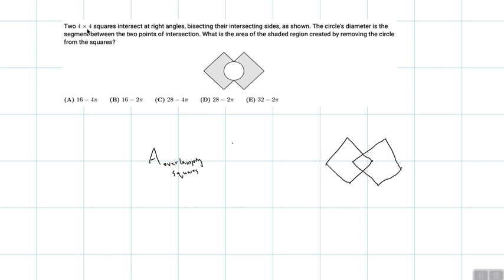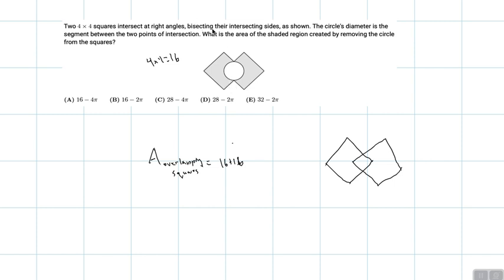If each of these squares is 4x4, then if these squares weren't touching at all, their area would be, the area of one square is 4 times 4, which is 16. So 16 plus 16. But these squares are overlapping.